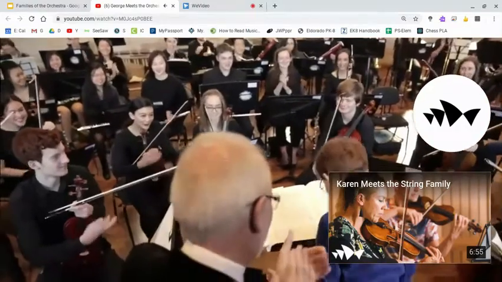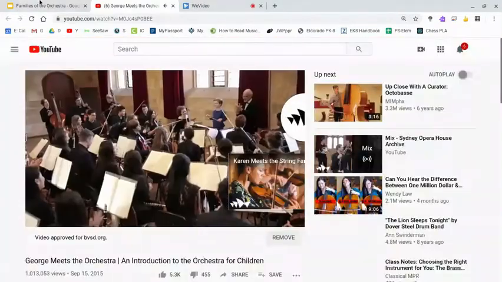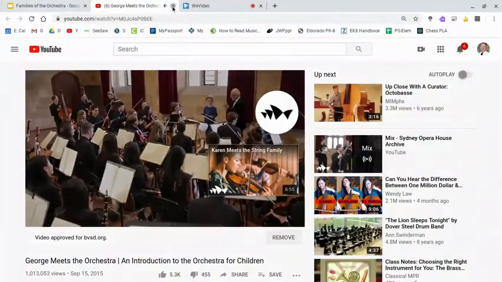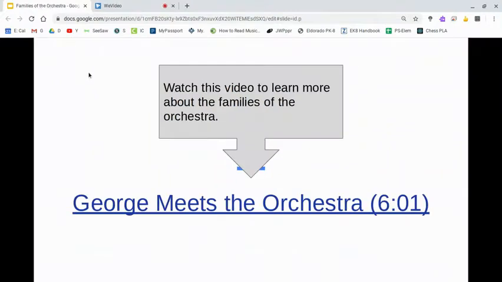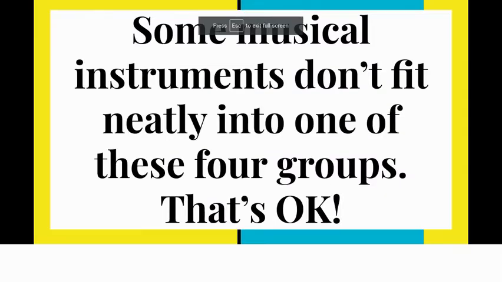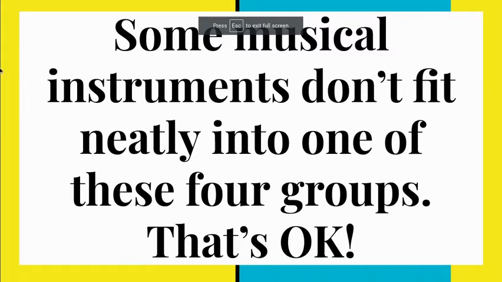All right, isn't George cute? All right, so we've got our families of the orchestra. Now, there are some musical instruments that really don't fit neatly into one of these four groups. We talked about that.